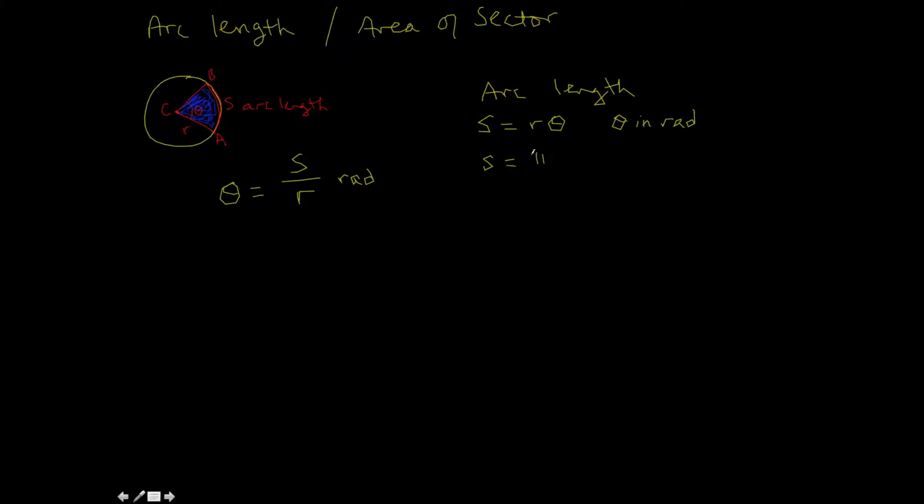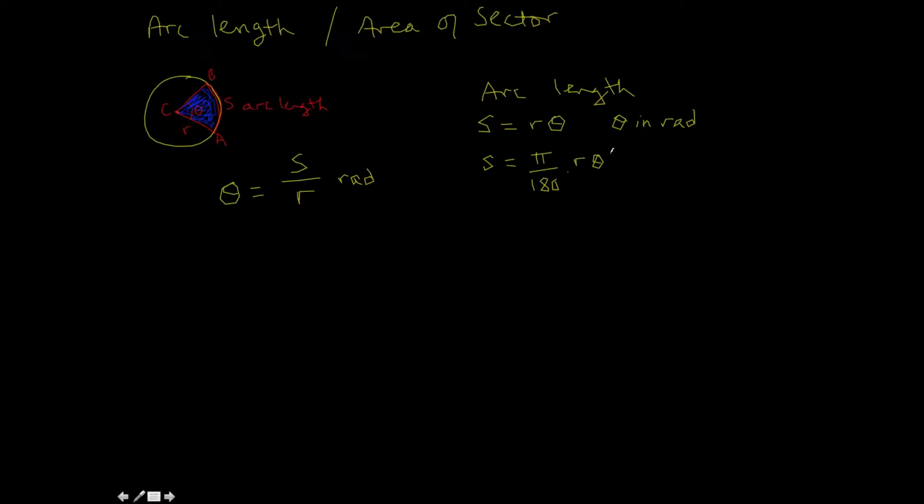We take our same formula and multiply it times pi over 180. That's our conversion, remember. If we start out in degrees, we have to convert to radians, so we multiply by pi over 180. This was our degree to radian conversion factor that we talked about early in the section.